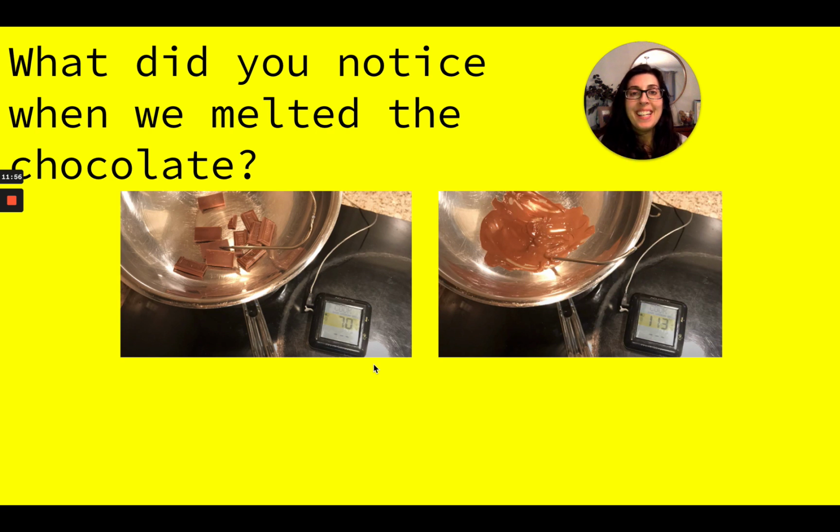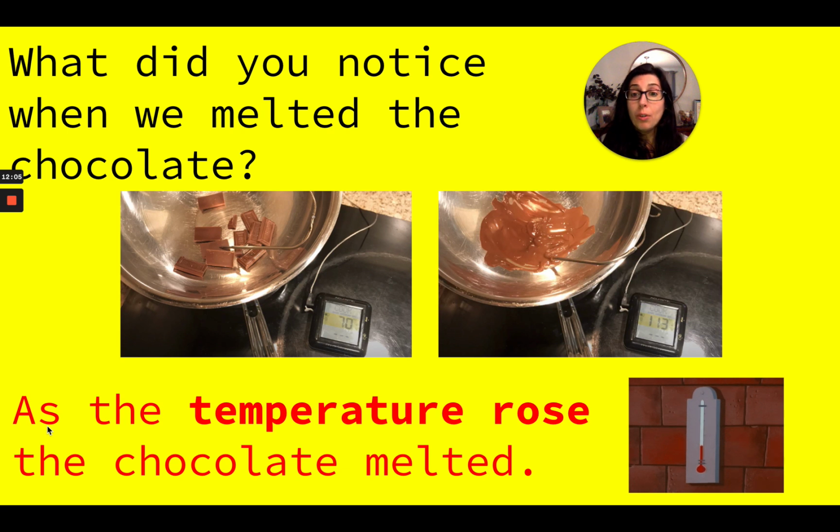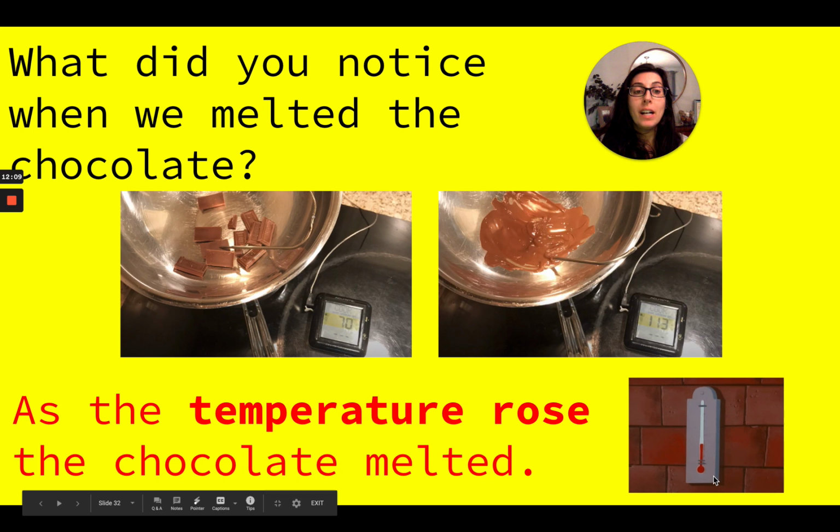Time's up, everybody. Eyes on me. Stop, look, and listen. Let's see if you shared the same thing that I was thinking. I noticed that as the temperature rose, the chocolate melted.